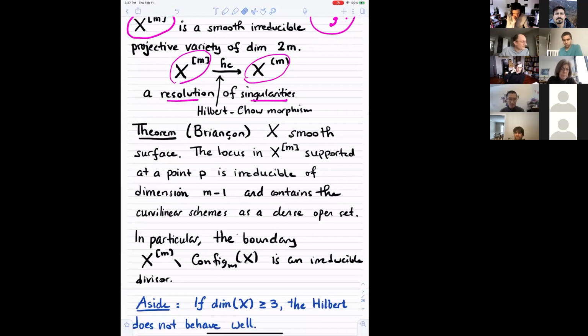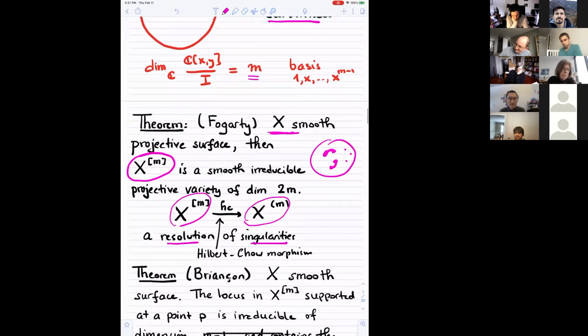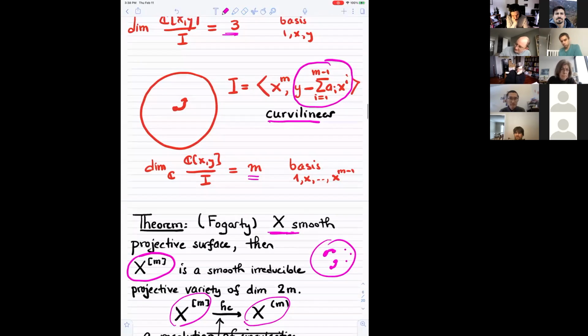And similarly, there is a theorem, again of Briançon this time, I think from the early 80s, which says the following thing. Again, suppose that I have a smooth surface. Then you can ask how complicated can points of this Hilbert scheme supported at one point be? We already saw that they can be somewhat complicated. There are all these curvilinear things depending on these m-1 parameters, these a_i's.